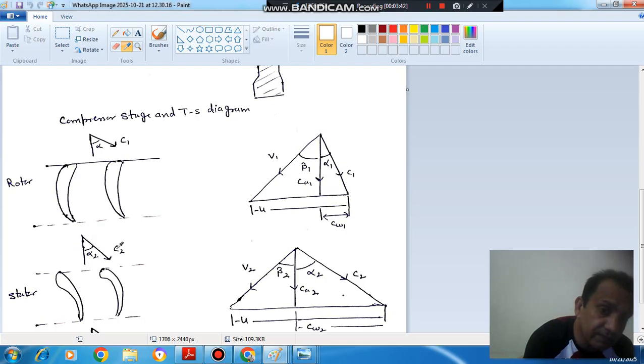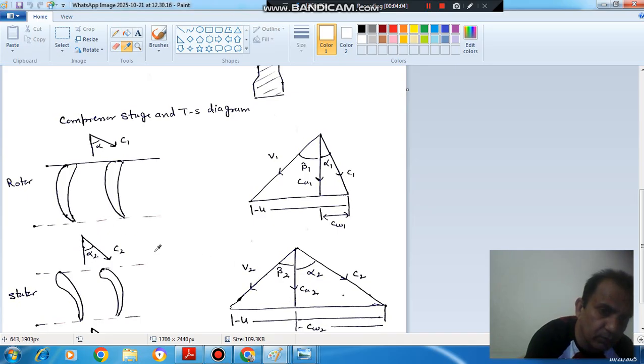Now the absolute velocity at the exit of the rotor is your C2, which is making an angle alpha 2, and the relative velocity at the exit of the rotor is your V2, which is making an angle beta 2 with the axial velocity, and this angle is determined by the blade angle. Okay.